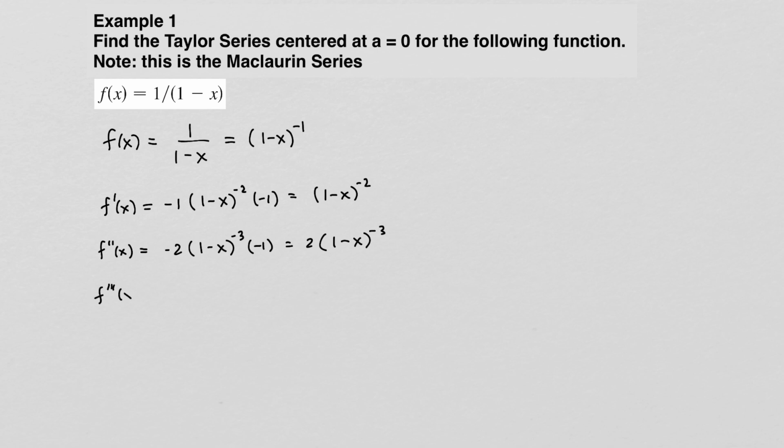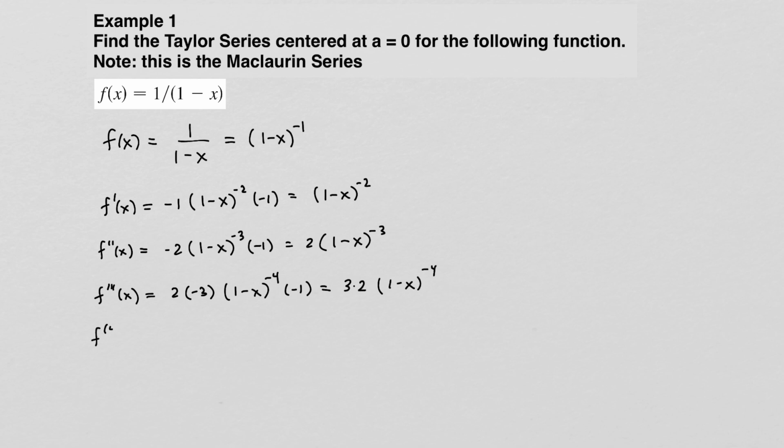The third derivative is going to be 2 times negative 3 times 1 minus x to the negative 4 times negative 1, and this is 3 times 2 times 1 minus x to the negative 4.